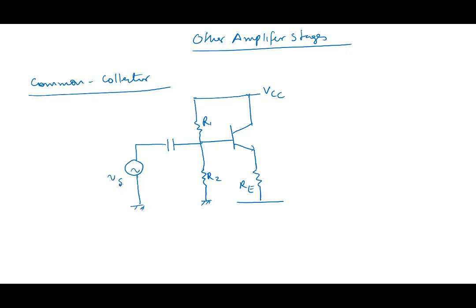Except that we don't take the output at the collector, we take the output at the emitter. Here we may connect a load, RL. And this becomes a common collector amplifier, because in a small signal analysis the collector node becomes a ground node.